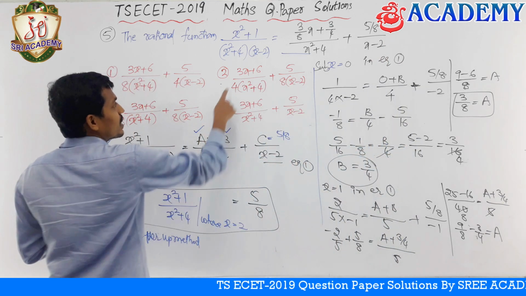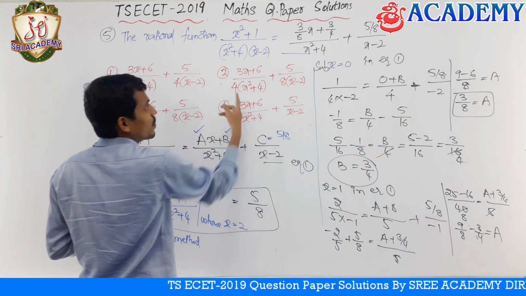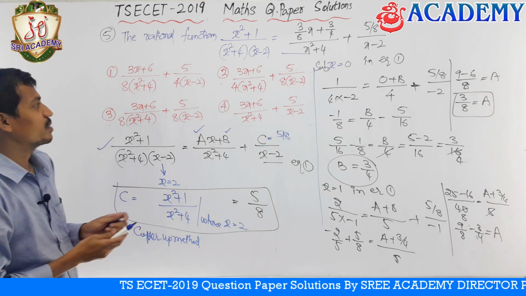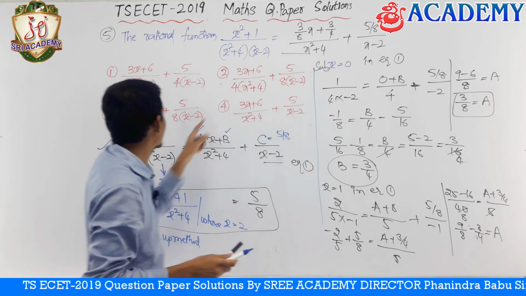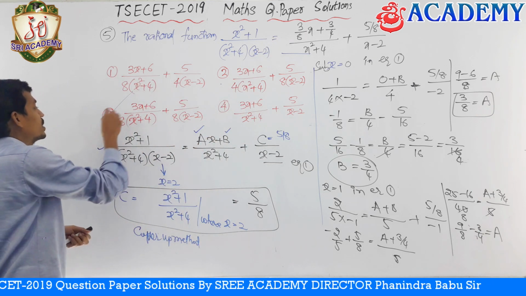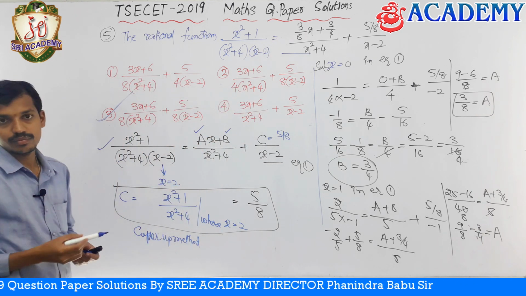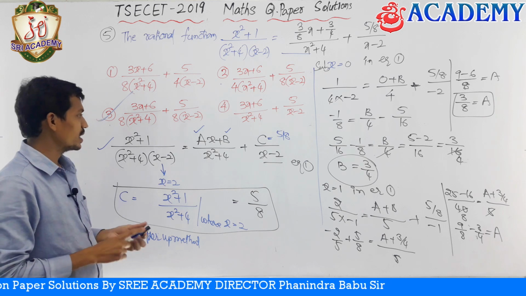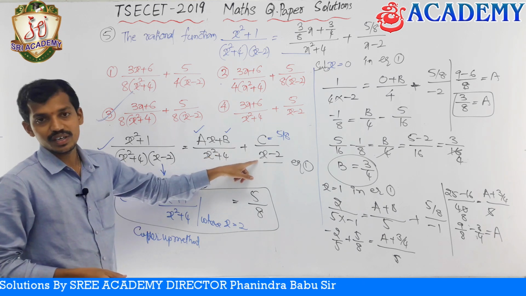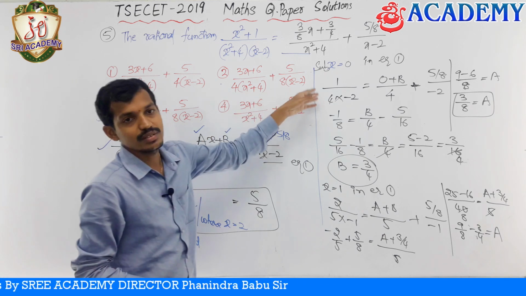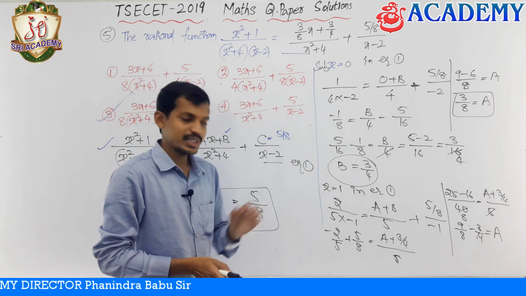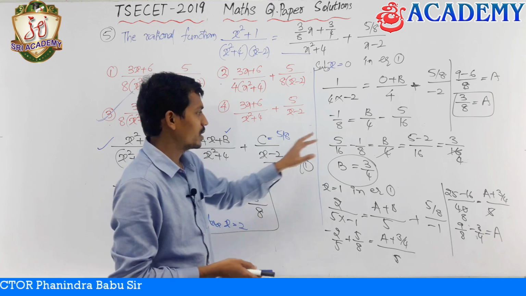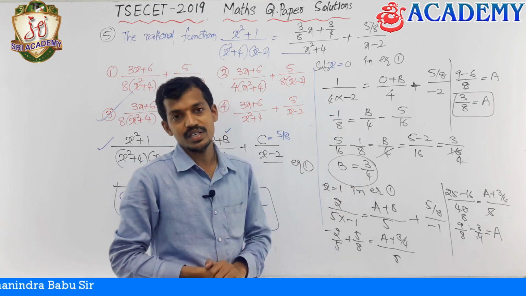Here 3 by 4 is there, 6 by 4 is not going to be a correct one. Why? Because here the x coefficient is going to be 3 by 4, but here 3 by 8. That's why the answer is going to be the third one. Simply what we have done is, first we find a linear factor, then by substituting the values and simplifying we get the answer, but be careful while doing the simplifications here.